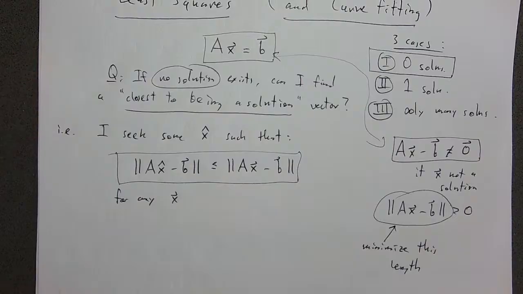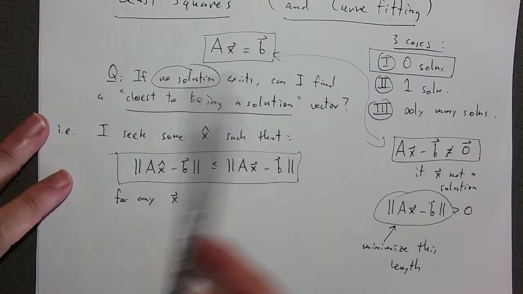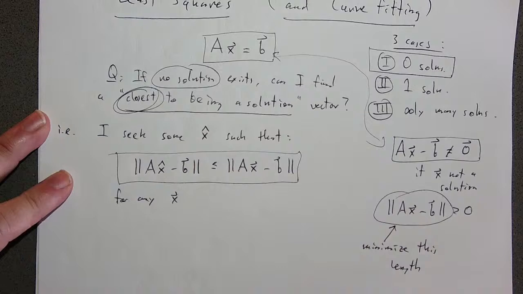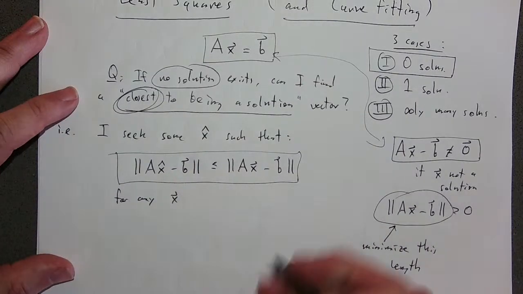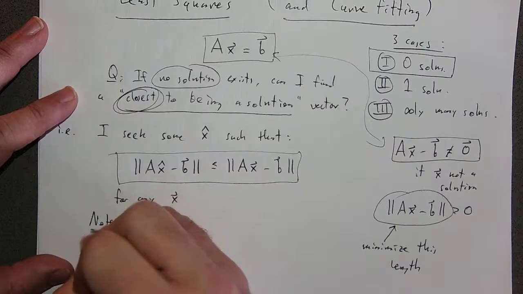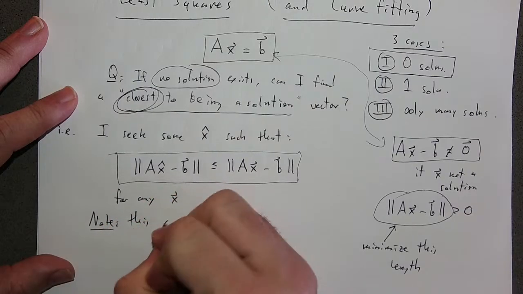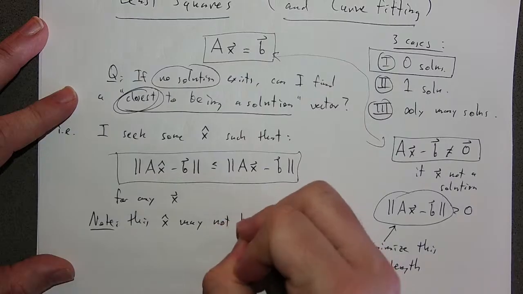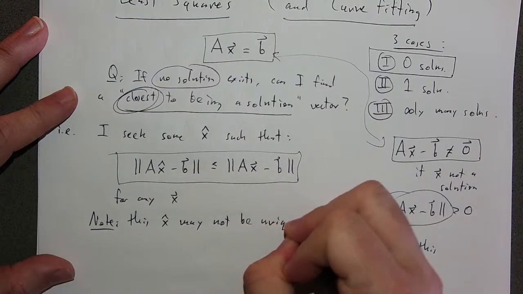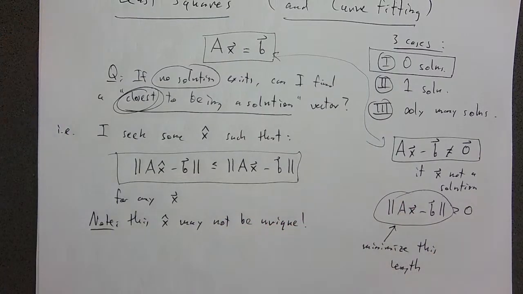You might notice here that the notion of closest is not necessarily going to be strict. So note, this x hat may not be unique. I did not claim that it was unique from this description. In terms of what I've written so far, this need not be unique.